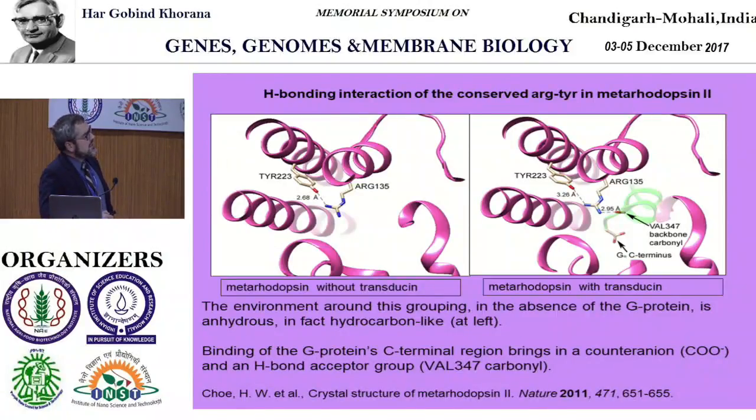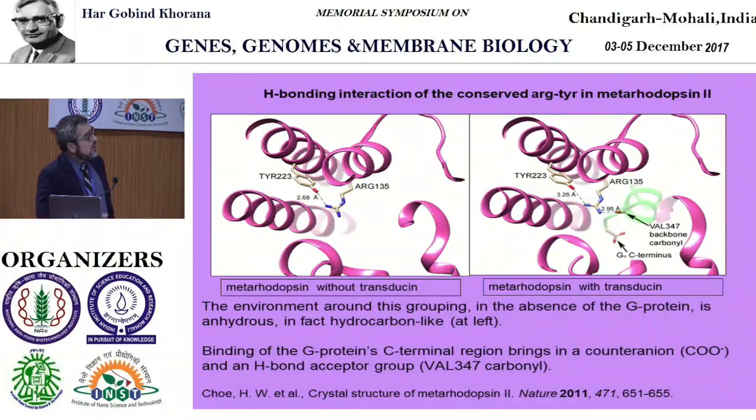What's most interesting that isn't often pointed out is if you look at the environment near here, it's almost hydrocarbon-like. Within 5 angstroms of this oxygen and this nitrogen, there is essentially nothing but hydrocarbon with the one exception of a methionine side chain.